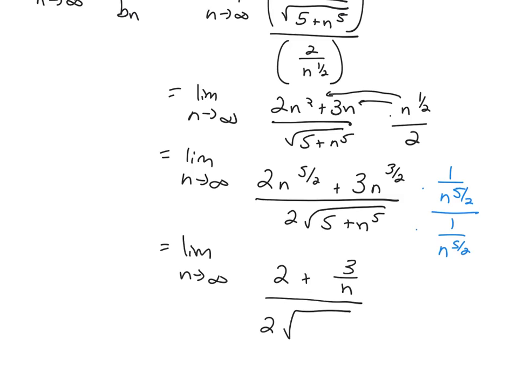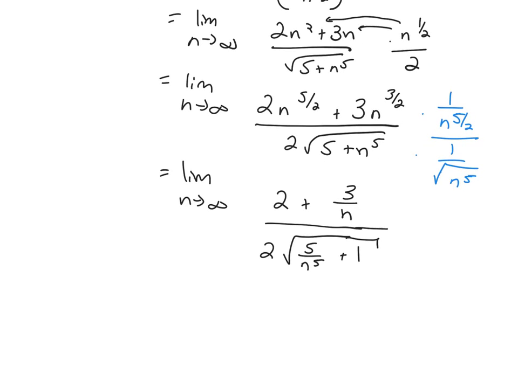Maybe I'll erase it here and put it as the square root of n to the 5th. So I'm going to combine these two square roots together, which means I need to distribute this. So you're going to get 5 over n to the 5th plus 1. And now we're ready to evaluate the limit.